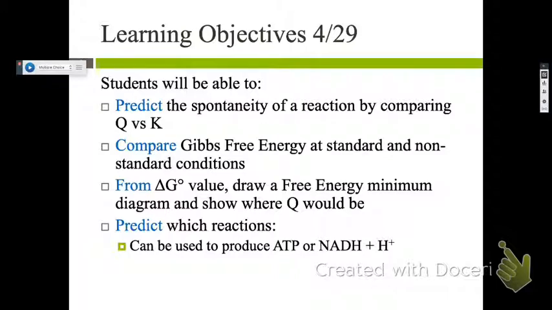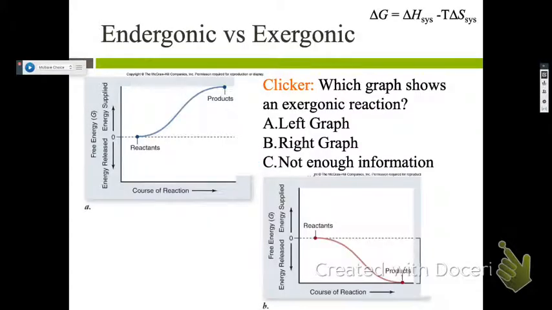Our bodies make ATP all the time. That is not a spontaneous reaction. So how is it that our body is able to drive the generation of ATP? And that's by coupling with a whole bunch of other reactions that are spontaneous in the forward direction, driving that one in the reverse direction. All right? So let's just get on the same page with terms.